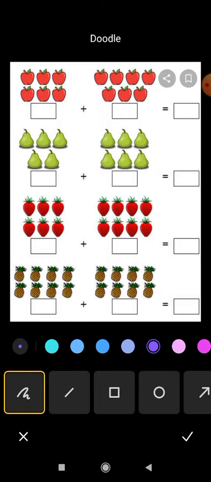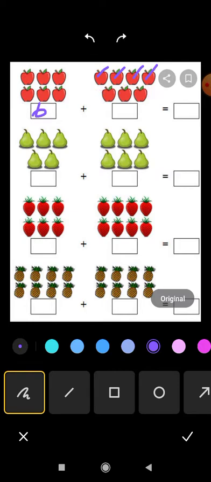In the first picture, on the left side, how many apples are there? We are going to count: 1, 2, 3, 4, 5, 6. So how many apples are there? We counted a total of 6. Okay. Then on the right side, count: 1, 2, 3, 4, 5, 6, 7.